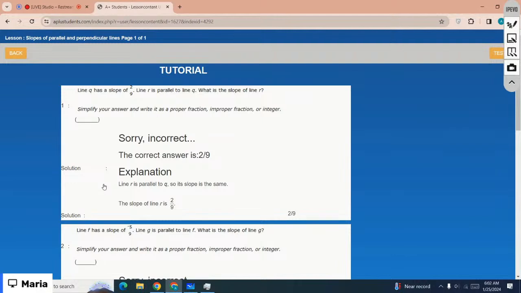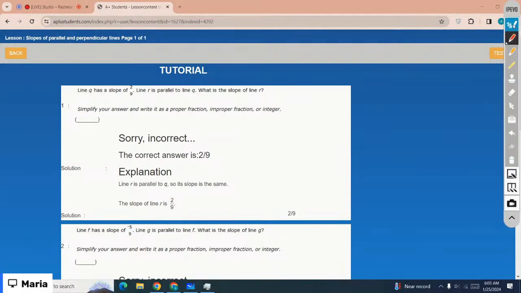Okay, line Q has a slope of 2 over 9. Line R is parallel to line Q. What is the slope of line R? When two lines are parallel, that means they never intersect each other.